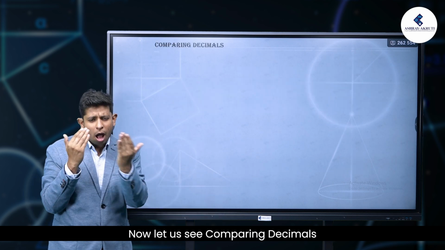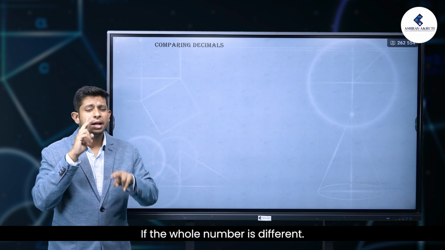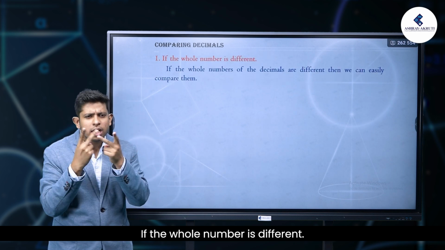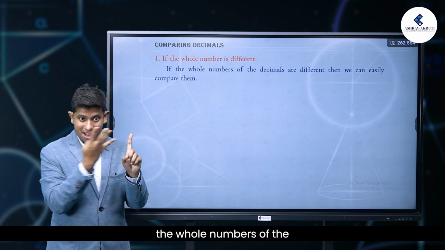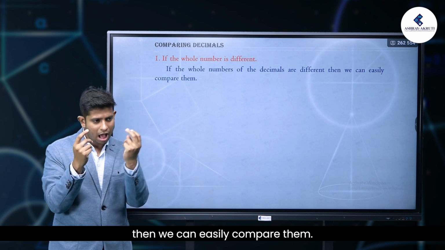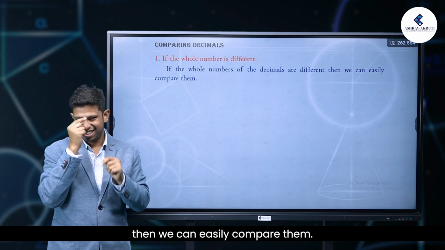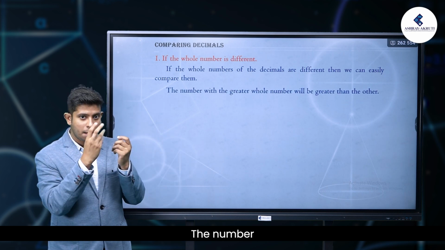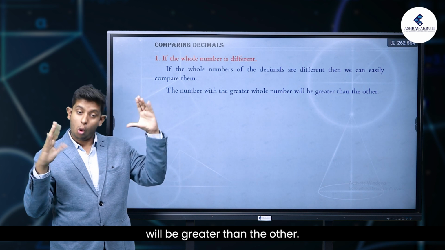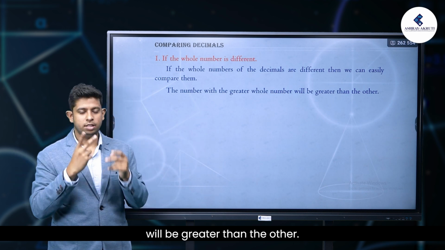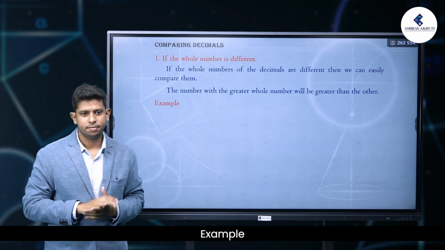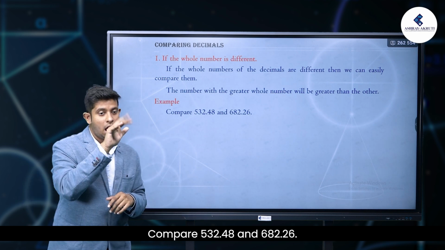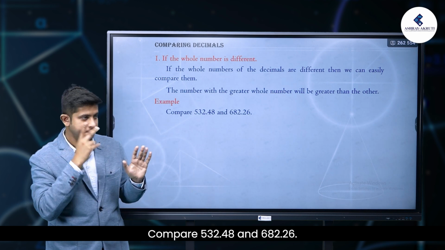Now let us see comparing decimals. If the whole number is different: if the whole numbers of the decimals are different, then we can easily compare them. The number with a greater whole number will be greater than the other. Example. Compare 532.48 and 682.26.